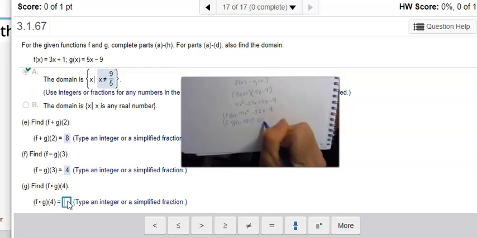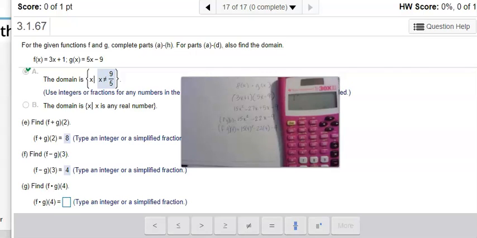So I'm just going to write it all in. I'm going to do 15, open parentheses, 4, caret symbol, squared, minus 22 times 4 minus 9, which gives us 143.